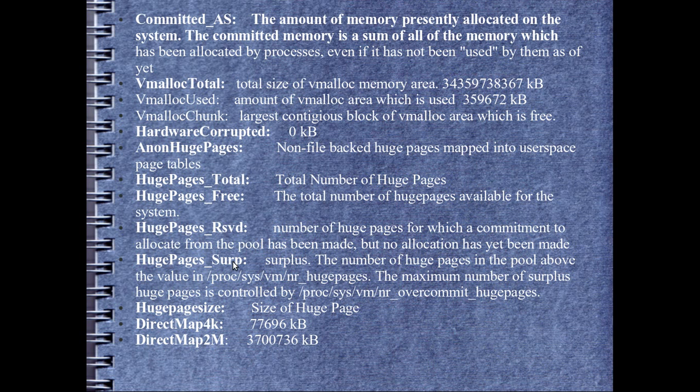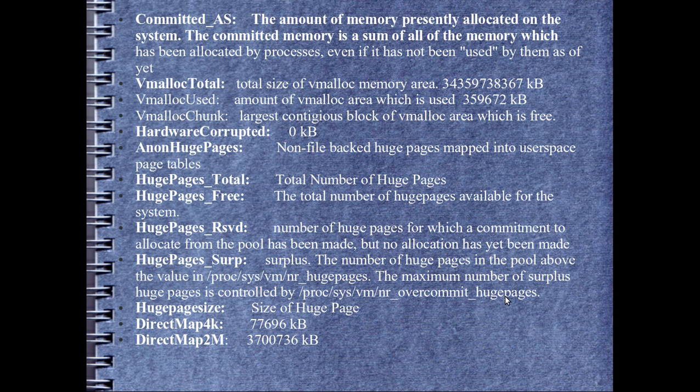HugePages surplus: these are the additional or overcommitted HugePages, the number of HugePages in the pool above the value of NR HugePages. The maximum number of surplus HugePages is controlled by overcommit HugePages.